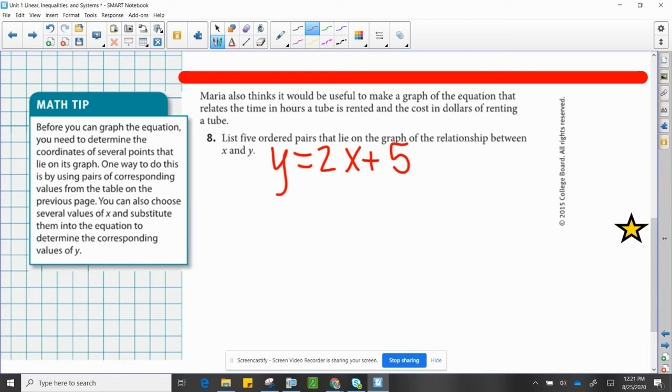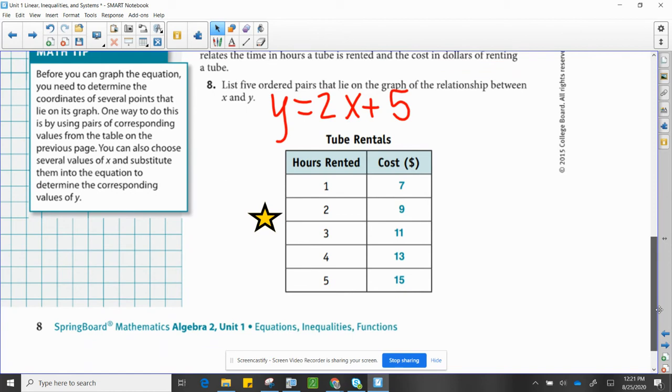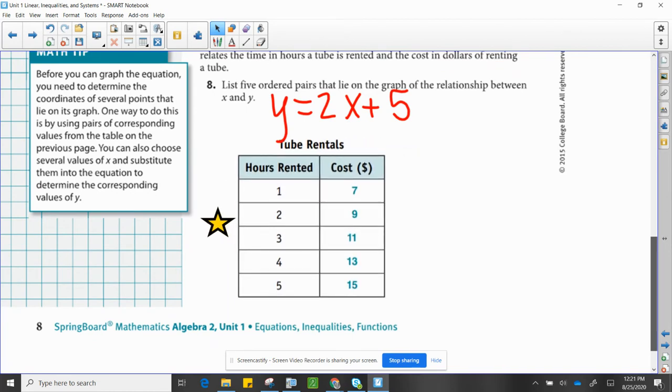Now, you could graph this in your calculator and get ordered pairs from the table, or what I did is I just recopied our table from the first page. Make our lives a little easier here, so I don't have to keep flipping back and forth between slides. So if I think of this as 1 hour rented costs $7, well, there's your x variable and your y variable. So this table actually gives us ordered pairs.